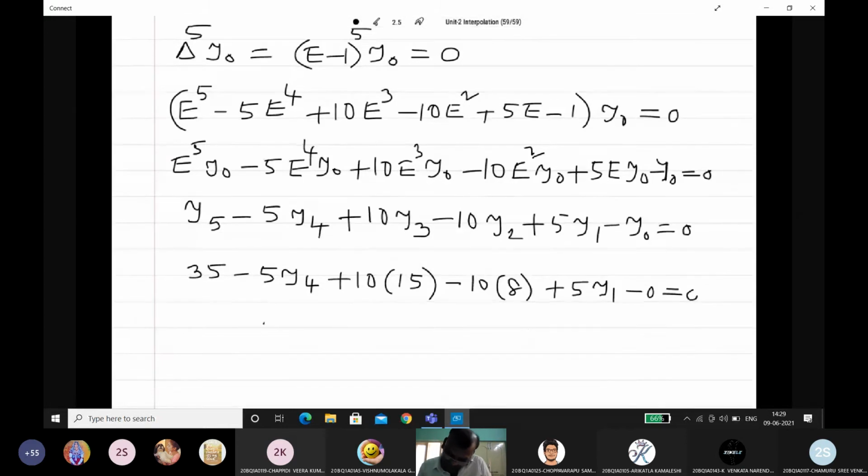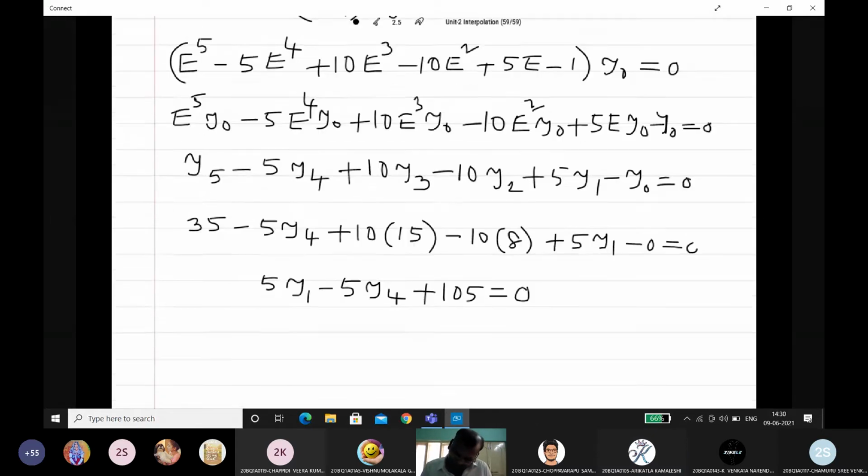That is equal to 5y1 minus 5y4 plus 105 is equal to 0. Taking 5 common and moving to the other side, we get y4 minus y1 is equal to 21.